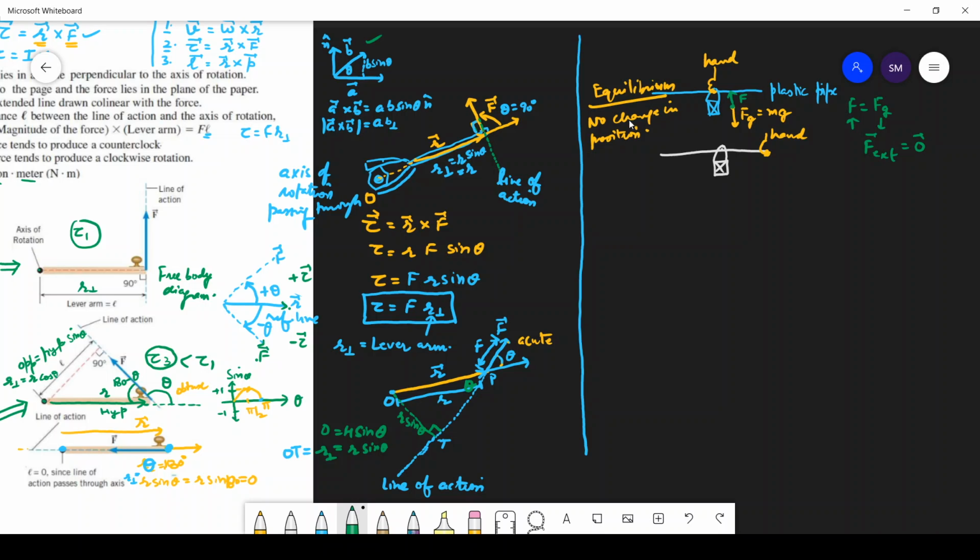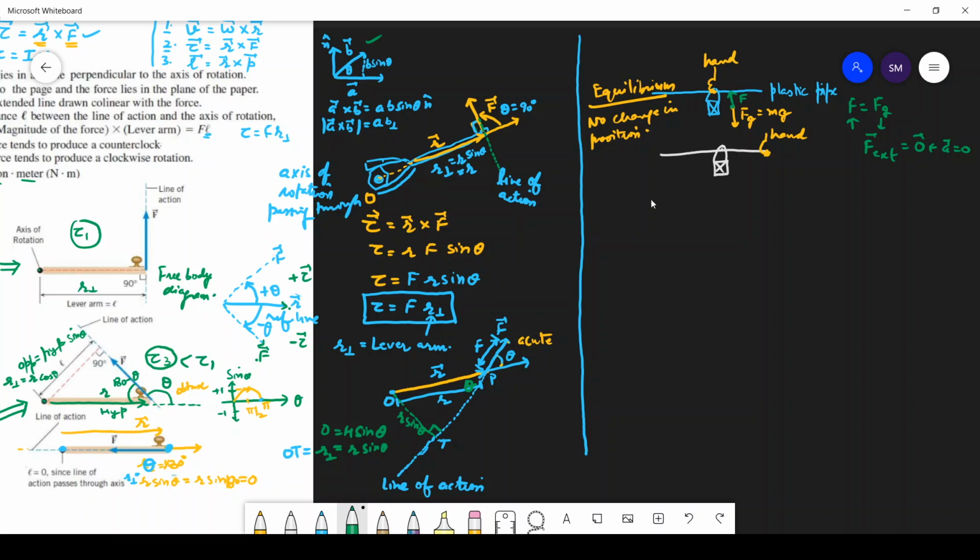And if there is no change in the state of the body, then F external is 0. So here, because a was 0, that's your Newton's second law, and there is no change in state, so that is Newton's third law. So all the laws apply. If the force with which your hand is pulling the bag, the same force, your bag is also pulling your hand, and the same gravitational force is there.